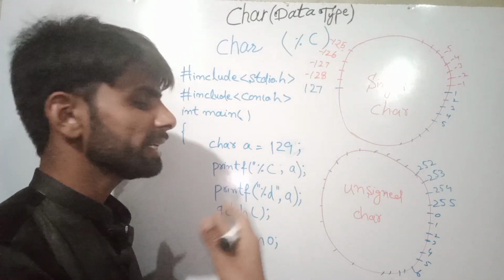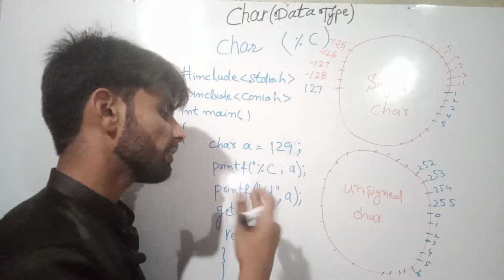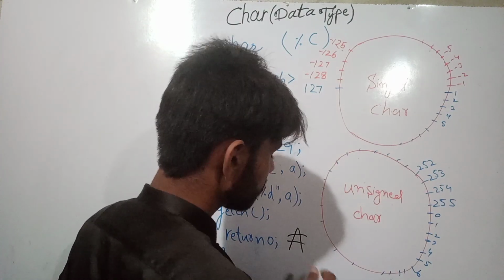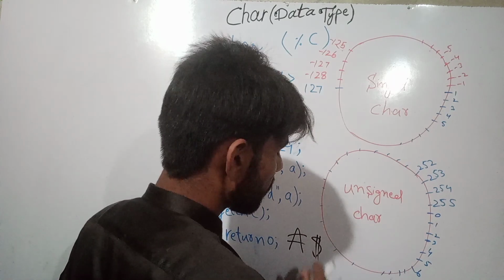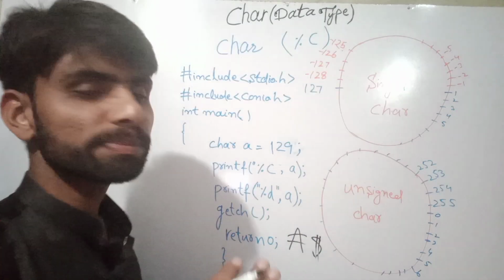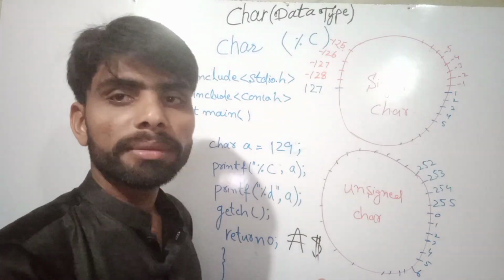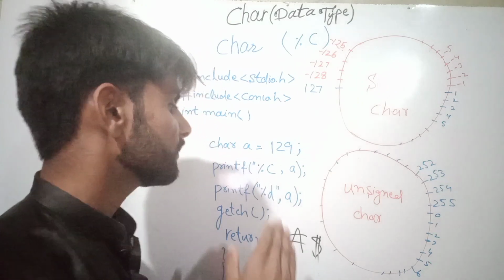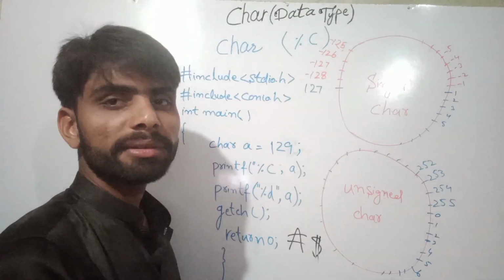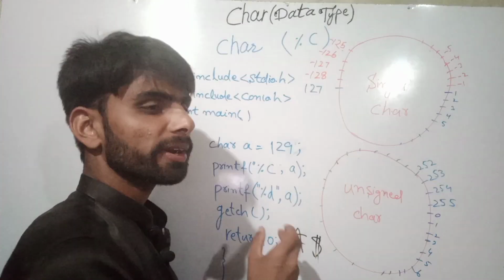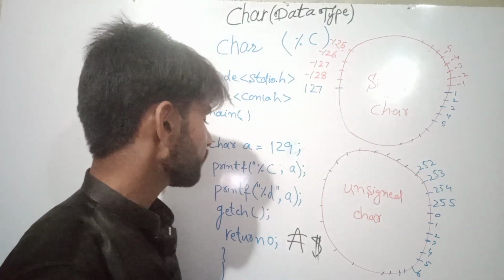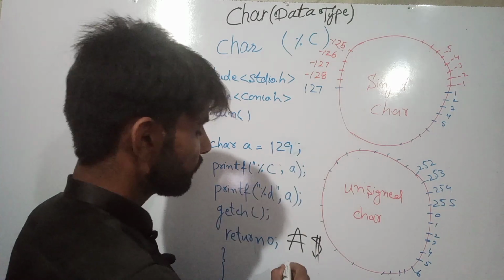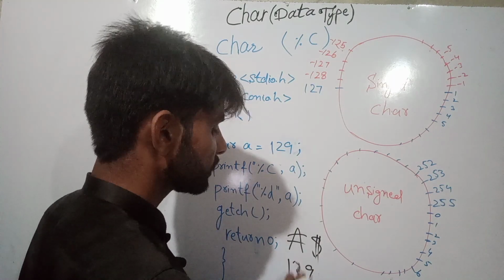Some garbage characters will be printed on the screen, right? So maybe a dollar sign, or some unexpected character, music symbol, or emoji will be printed on the screen. That's why you get an unexpected character on the screen. And %d always prints the value, so 129 will be printed on the screen, right?